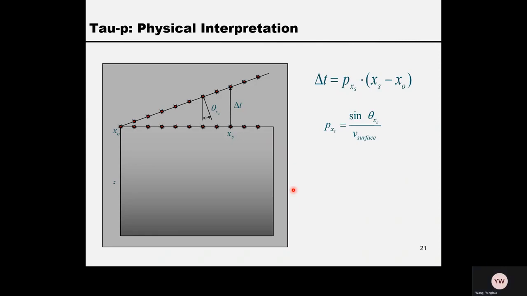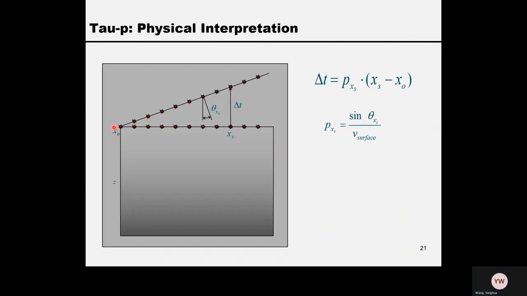Tau-P, P here is sine theta over velocity along the surface. So that means this line of sources in the air, here the horizontal axis is on the surface, right? You have so many sources.